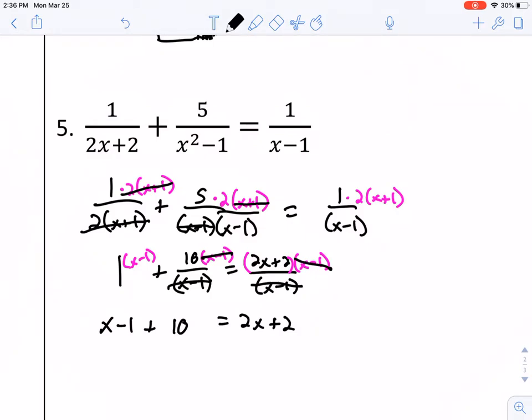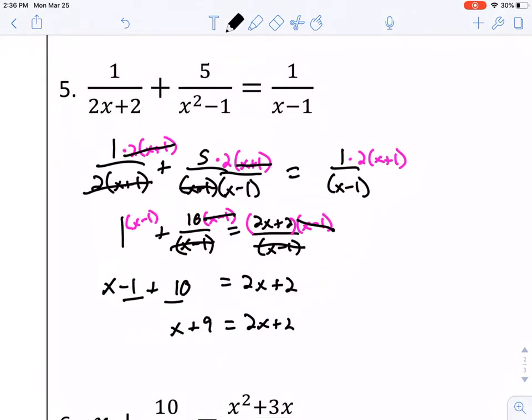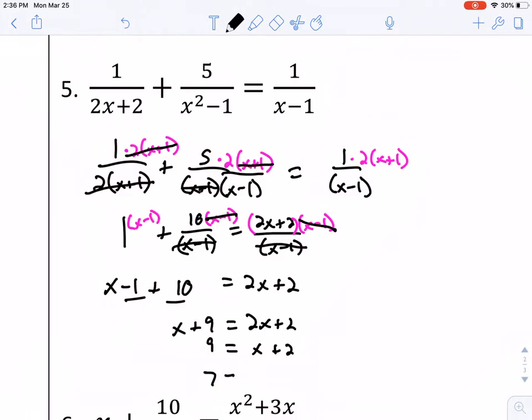Now, solve this equation. We're going to combine the negative 1 and 10 to get x plus 9 equals 2x plus 2. Subtract the x from both sides. We get 9 equals x plus 2. Subtract the 2 from both sides and you get 7 equals x. Okay, so that one was a little bit longer, but it's really not super terrible.